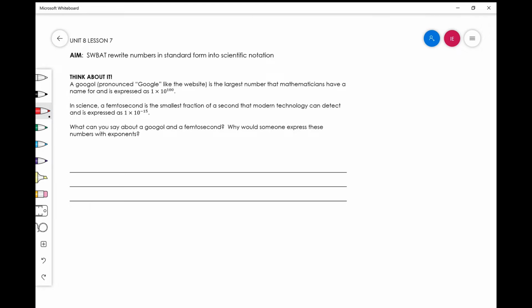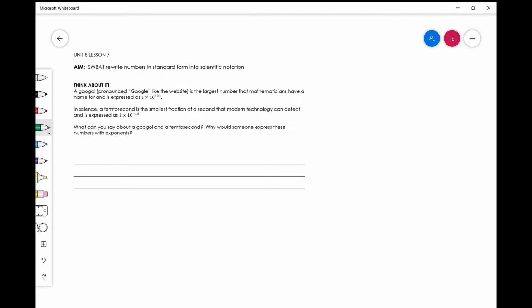Okay, I don't know about you, but I don't even know what those words mean. So let's break it down. A googol is when I have 1 times 10 to the 100th power. Remember that multiplying by 10 to the power of something is the same as moving your decimal place over 100 times.